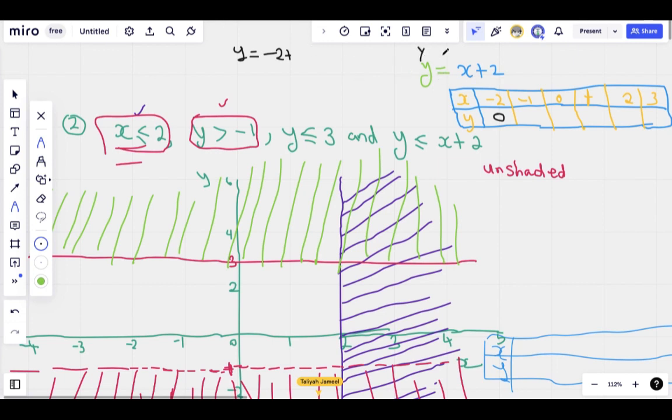Remember the equation of a straight line, y equals mx plus c. This m is 1. In math, x has a coefficient of 1, we don't write it. This gradient m is 1, c is 2. The y-intercept is 2. So I'm just comparing them.